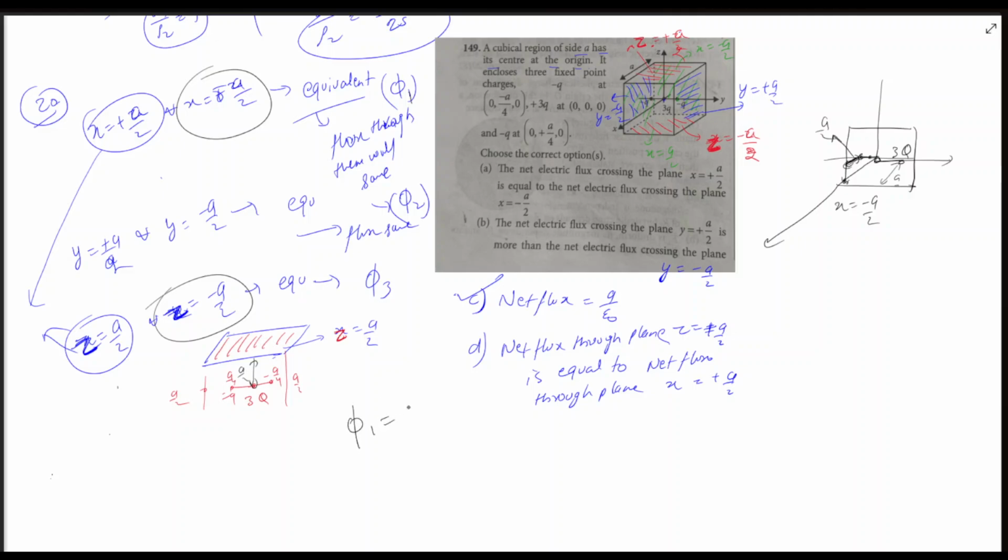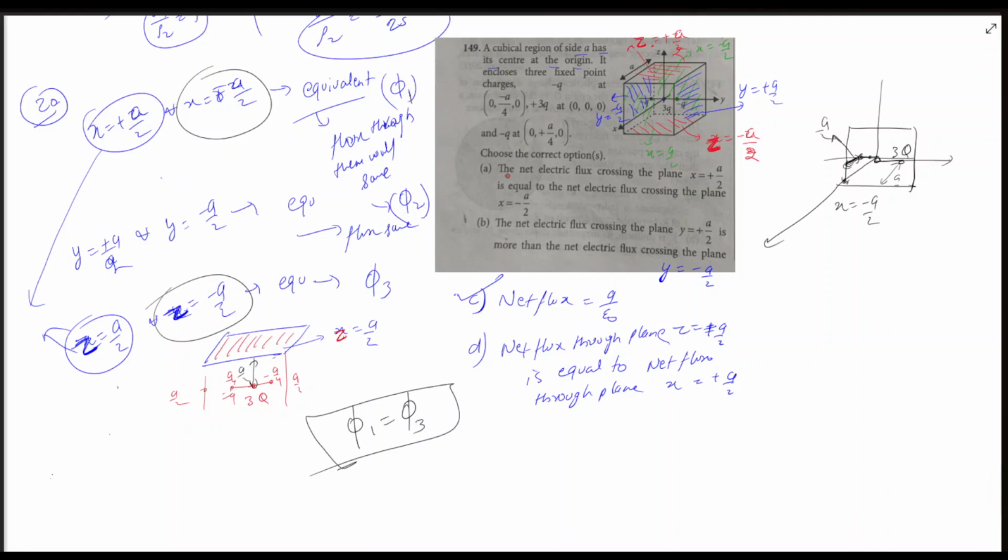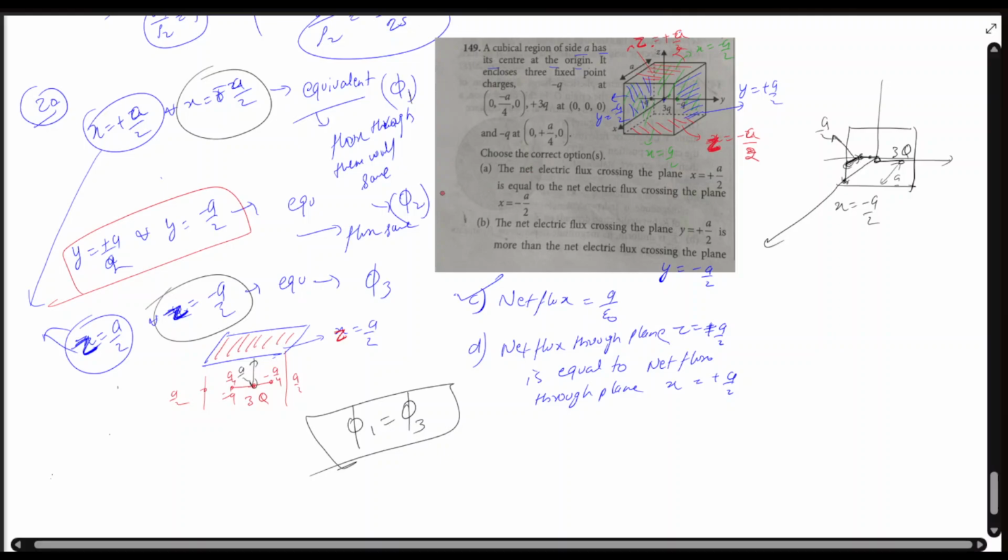Flux due to x planes will be equal to flux due to z planes. Okay, so if we check, these are symmetrical. These four planes are symmetrical, but y planes are not symmetrical with them, so it will be different, right?